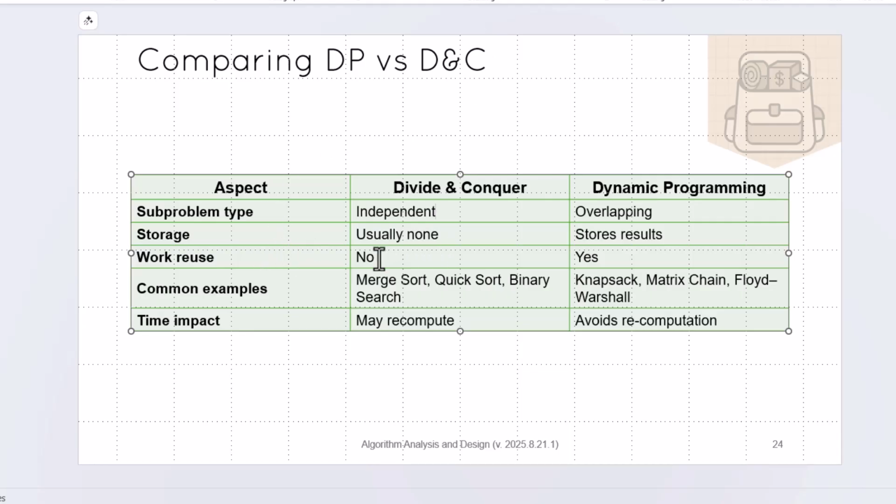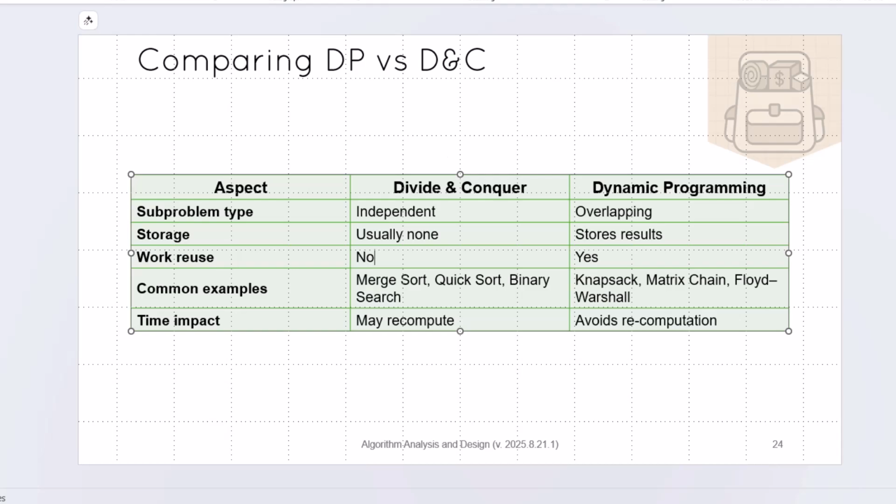Work reuse. Divide and conquer keeps doing the work over and over again, like we saw with Fibonacci. But with dynamic programming, we do get the benefit of having the work done already, and we could just look it up rather than try to recompute it, right? So we're trying to avoid all of that nonsense if we can.